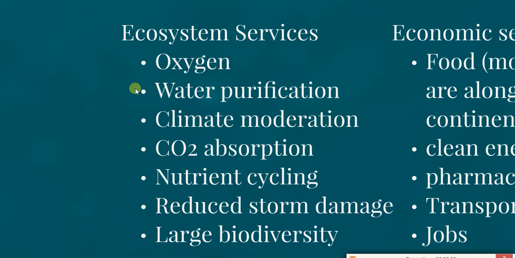Nutrient cycling is a good process too. Almost every one of our ecosystems does this nutrient cycling. So if you're on a test and it's like, what ecosystem service does it provide? Nutrient cycling is going to be an answer for pretty much every single ecosystem we have. Reduce storm damage. That's specifically talking about corals that reduce that wave damage coming in.